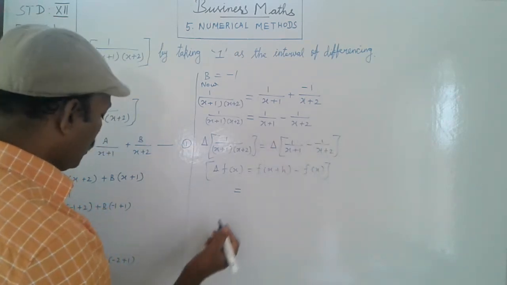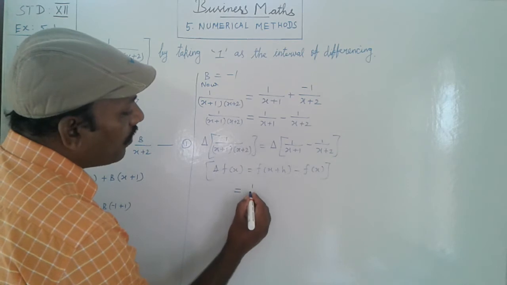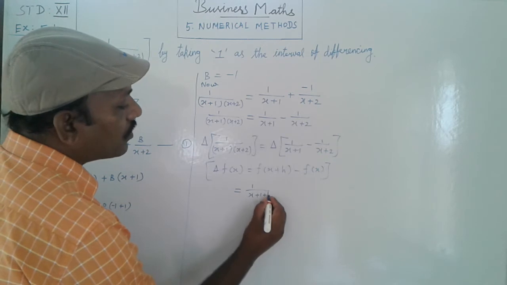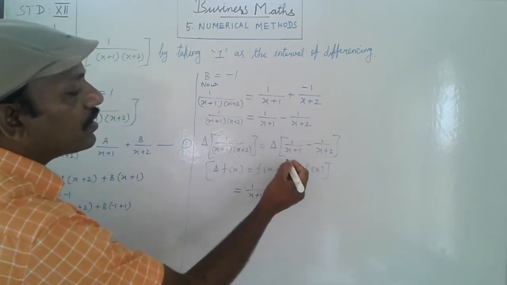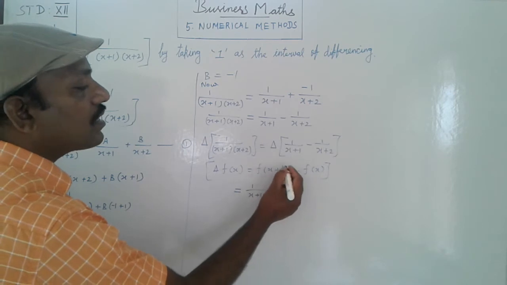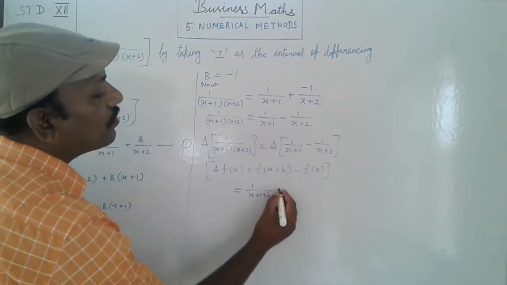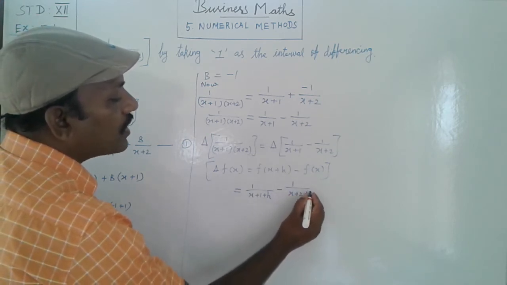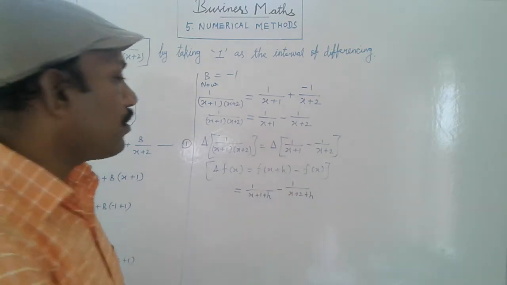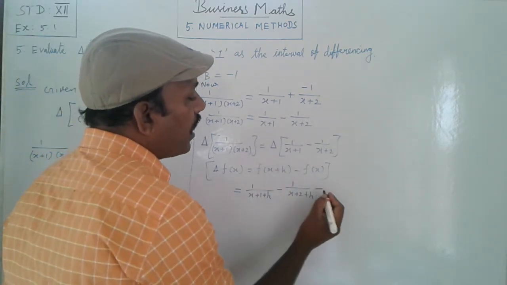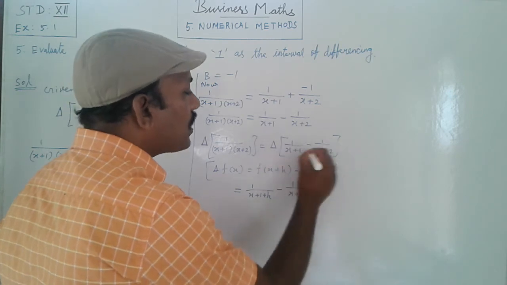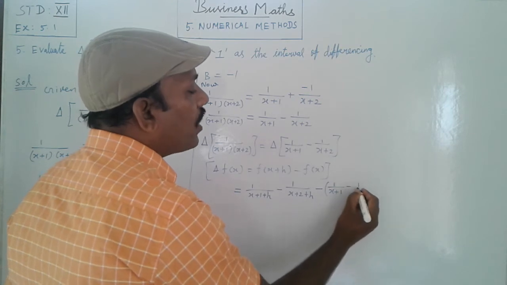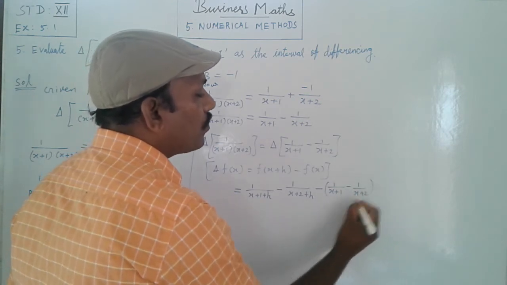So f of x plus h is 1 divided by x plus 1 plus h minus 1 divided by x plus 2 plus h, and minus f of x is minus of 1 divided by x plus 1 minus 1 divided by x plus 2.